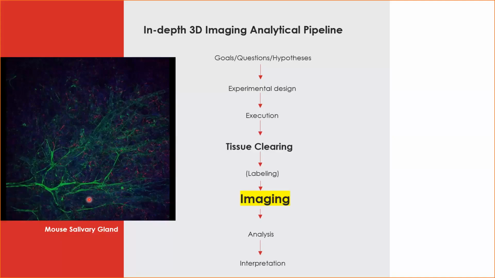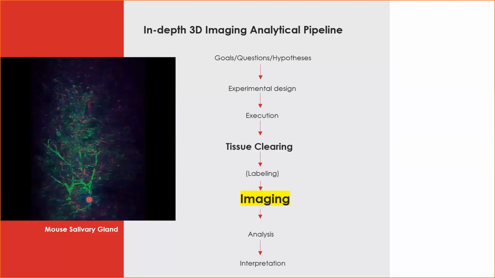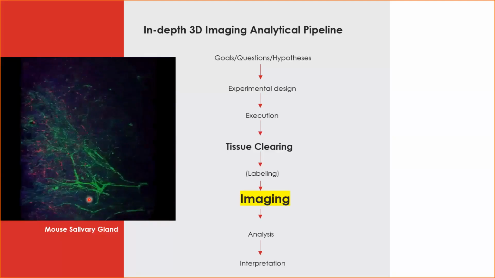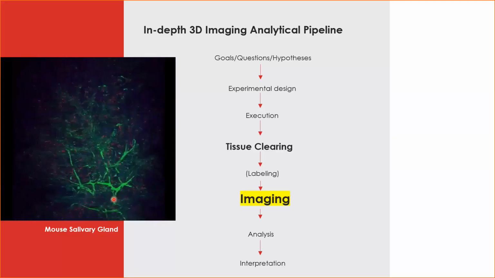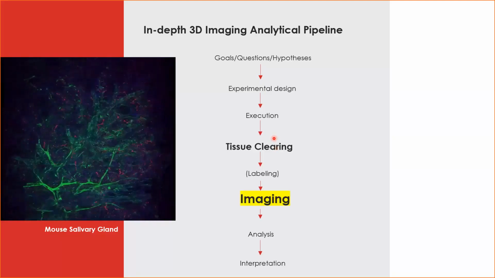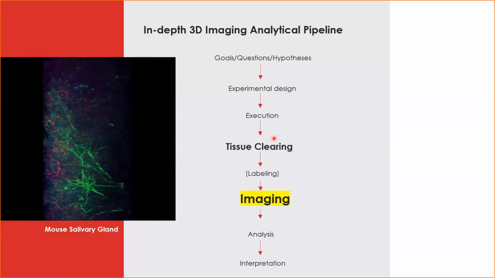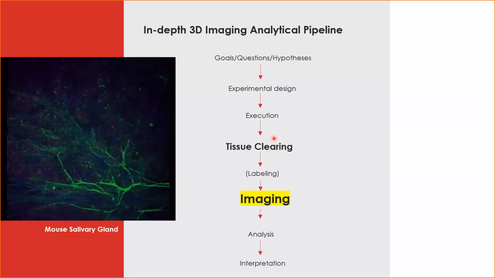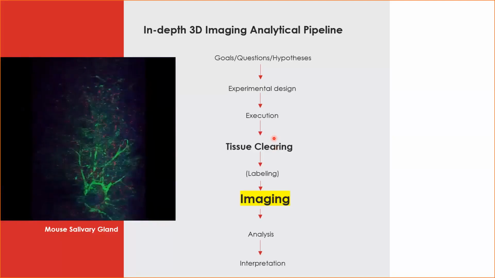However, fundamental to establishing a tissue clearing workflow is understanding that while it is an important component, it is just one part of a larger analytical pipeline designed to acquire, analyze, and interpret in-depth three-dimensional images.